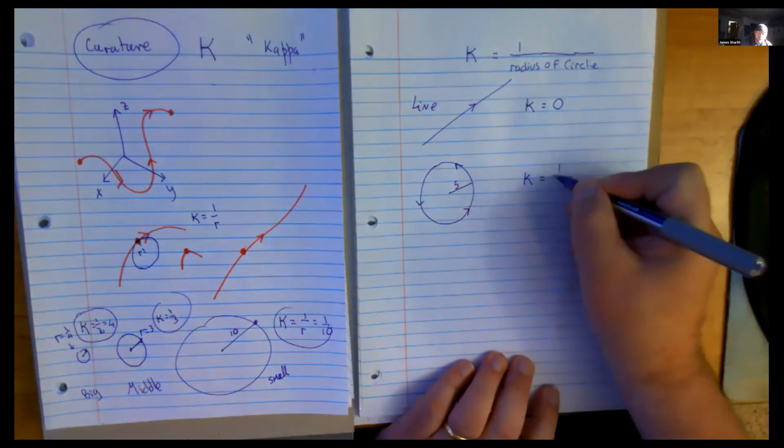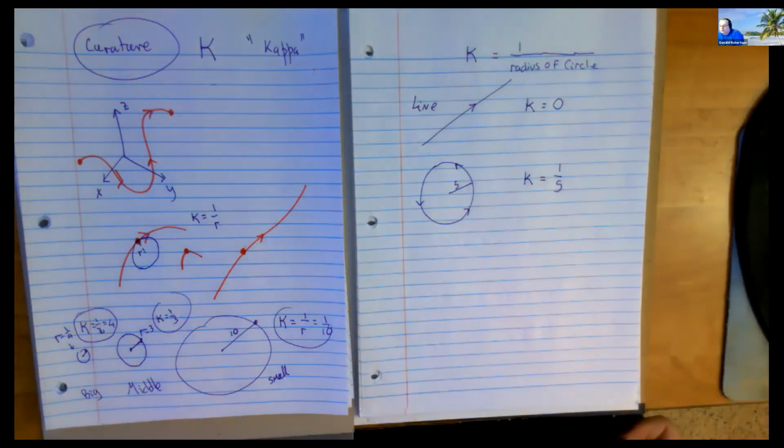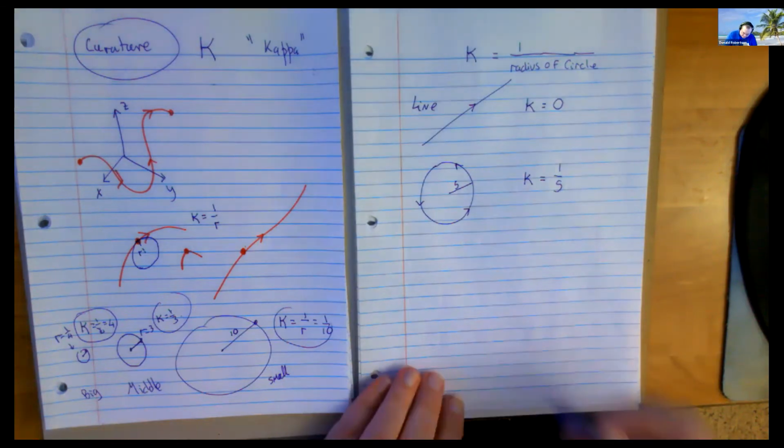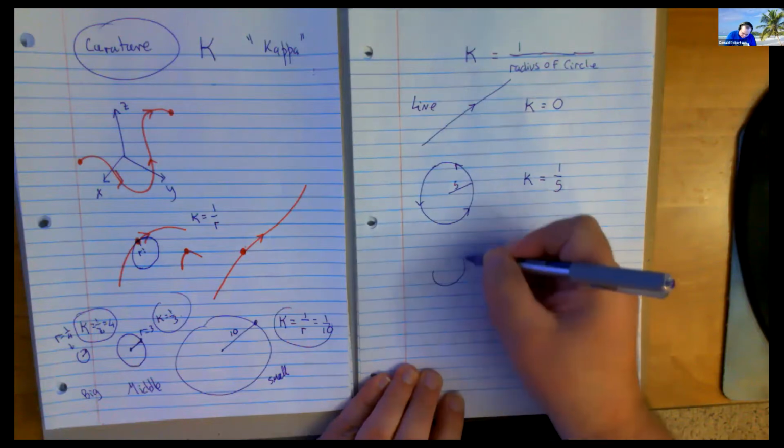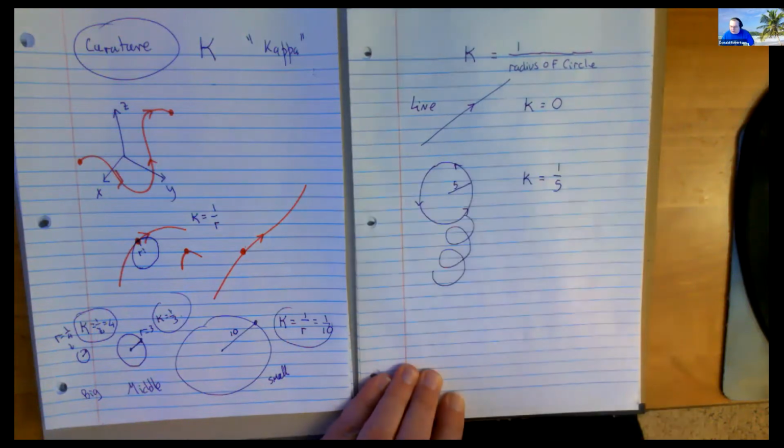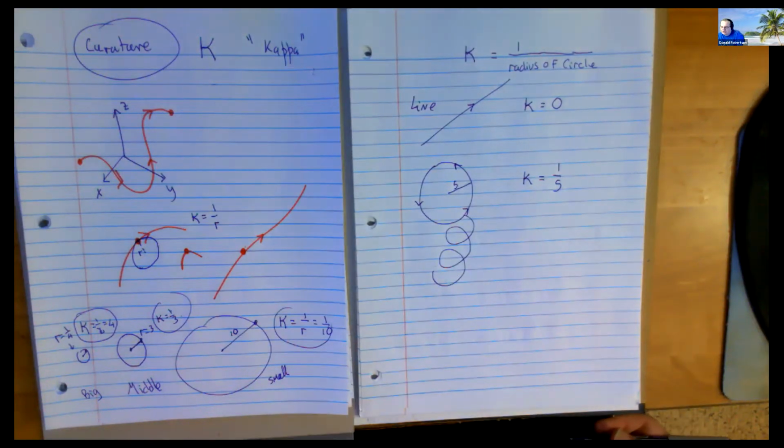In fact, wouldn't it be 1/5 on every single point? Now, I'm not going to do this very well. Imagine you had a helix. Now, it could go vertically upwards, but actually it doesn't matter. Do you know that on the helix, every single point has the same curvature?